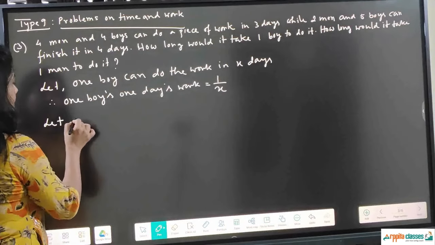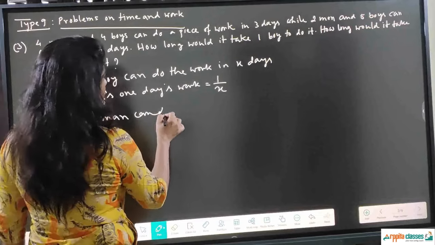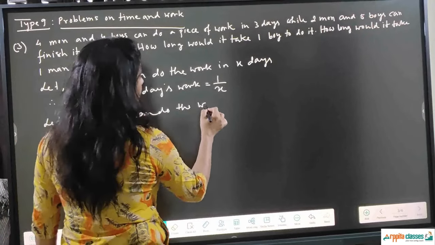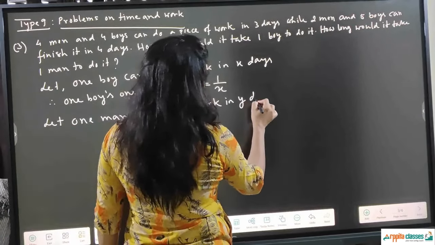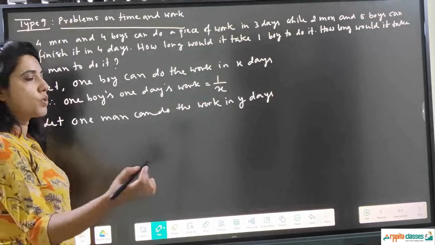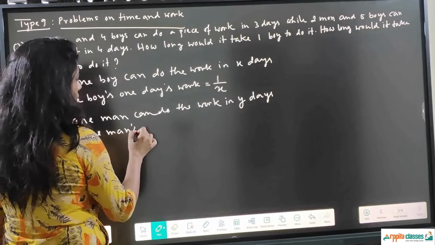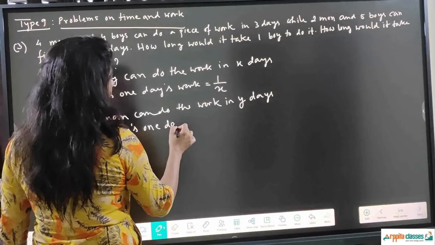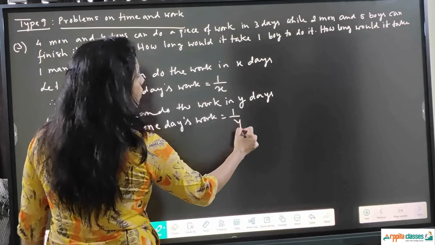Similarly, let 1 man can do the work in y days. In this case also we'll find out 1 man's 1 day's work. Therefore 1 man's 1 day's work is equal to 1 upon y.